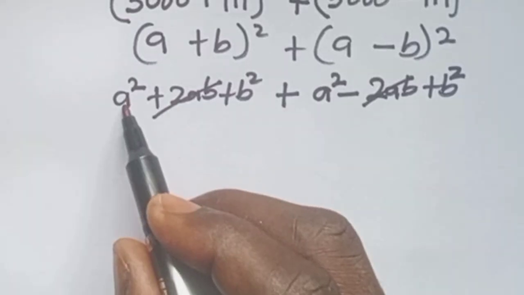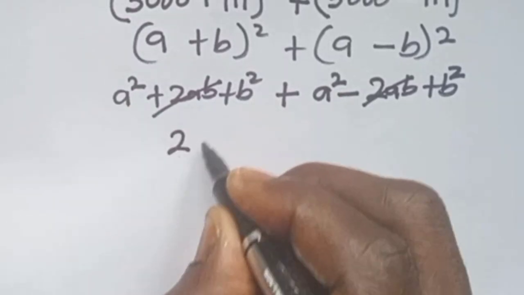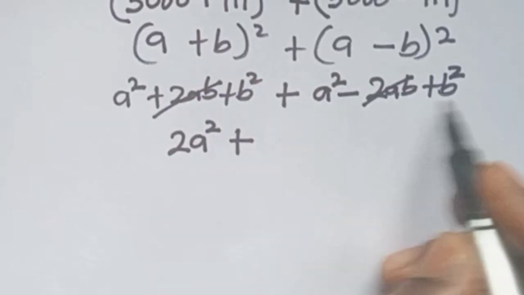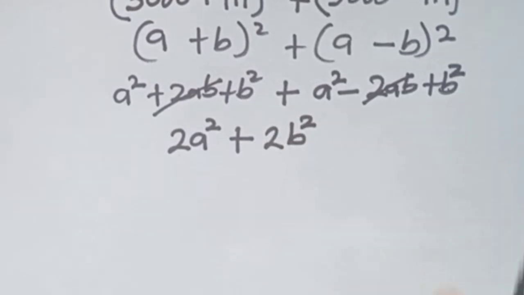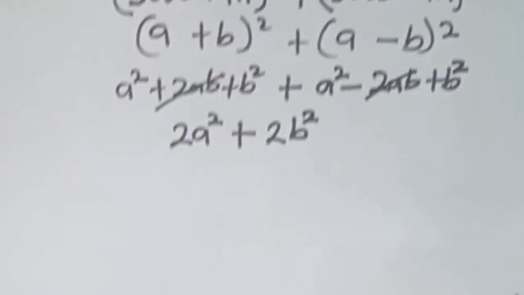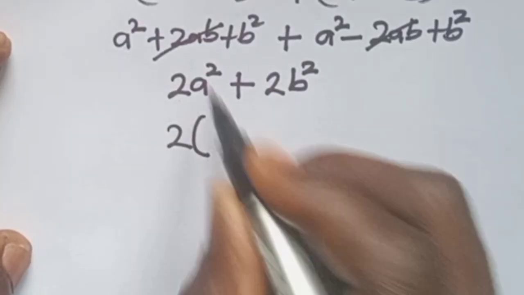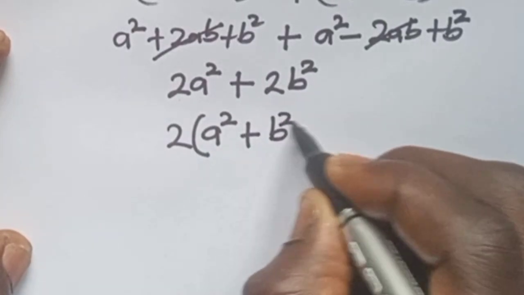What is left is A to the power of 2 plus A to the power of 2, which is 2A to the power of 2, plus B to the power of 2 and B to the power of 2 again, which is 2B to the power of 2. And if we factor out 2, what will be left is A to the power of 2 plus B to the power of 2.